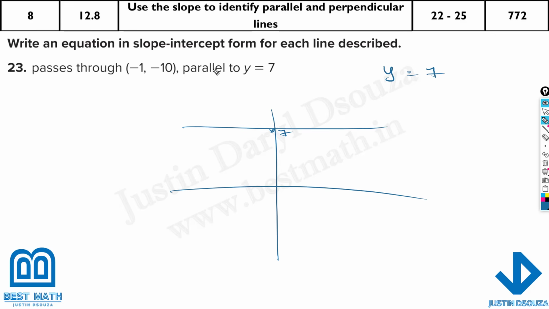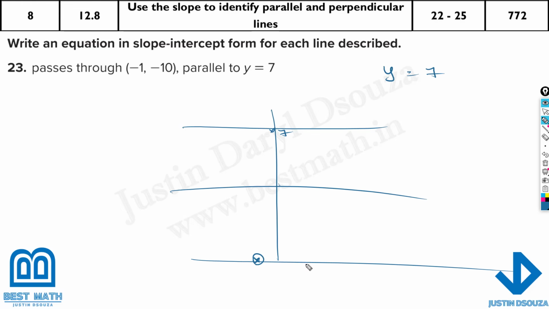So you need to draw a line that is parallel to this. If there is x is equal to something or y is equal to something, rather than solving, let's just analyze this. It must pass through minus 1 and minus 10. Where is minus 1? X. And minus 10, it's somewhere over here. Okay, so this is the line.